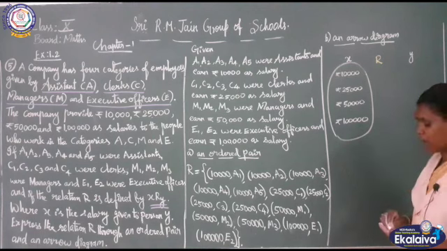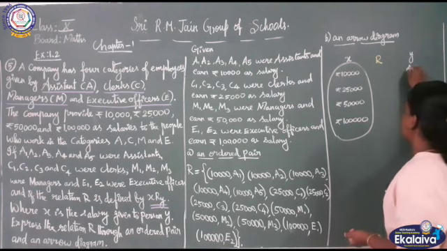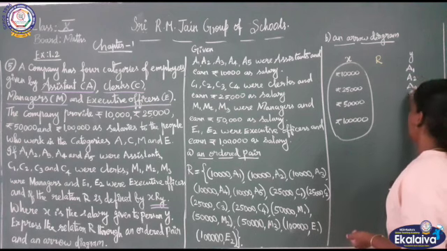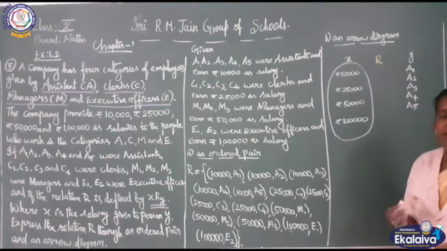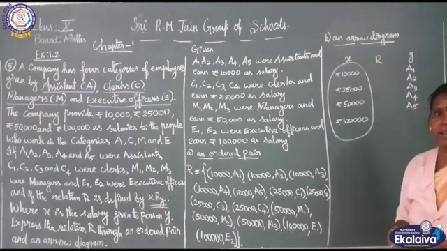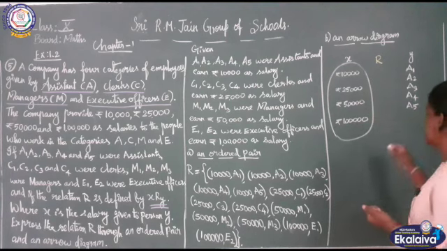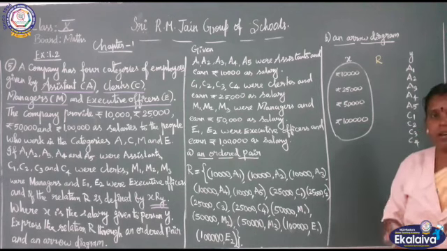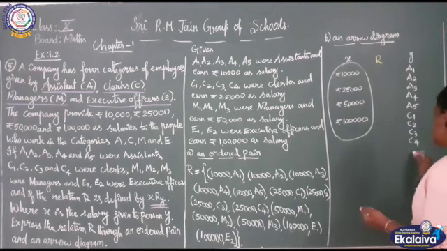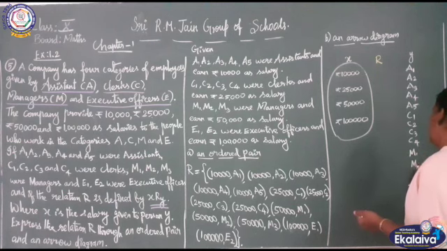What are the persons we have? For assistants: A1, A2, A3, A4, A5. Yes, I completed 5 assistants. Then we have the clerical part. How many clerical staff are there? 4: C1, C2, C3, C4. Then how many managers? 3 managers: M1, M2, M3.